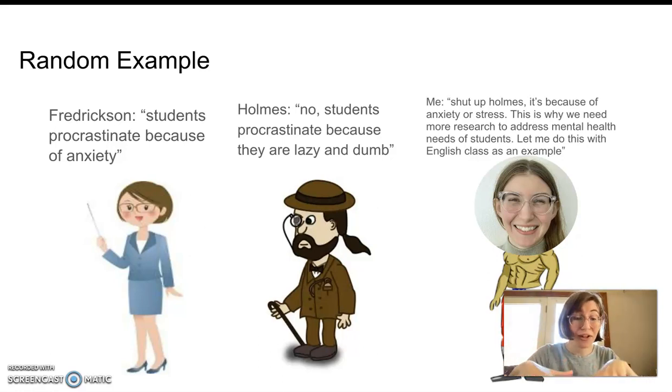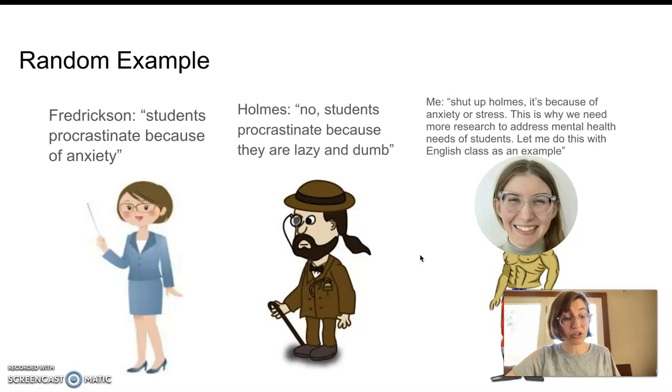I definitely agree with Fredrickson. So I'm going to take my introduction to assert, hey, Holmes, you're wrong. I am taking this stance. I'm with Fredrickson, and not just that, I think it's worth investigating that concept in an English class specifically. So again, I've put myself into the conversation. I've asserted what I'm going to accomplish.